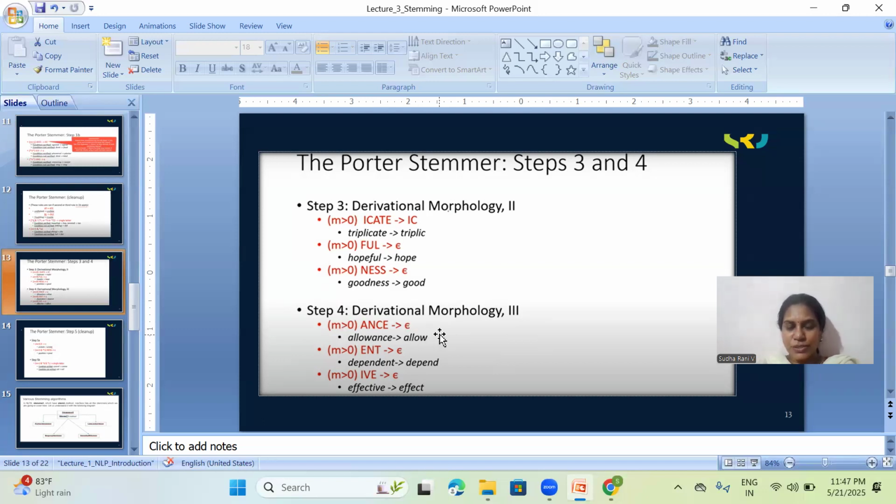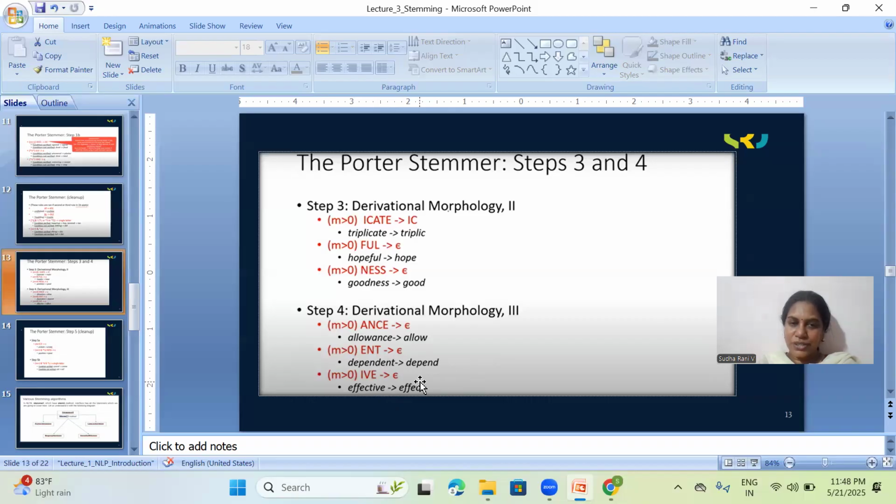See, allowance tends to allow. So ANCE is replaced with null. ENT tends to null. See, dependent tends to depend. So ENT is replaced with null. So the condition is satisfied.